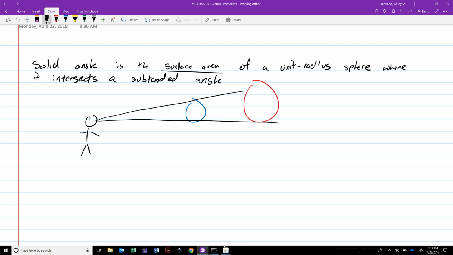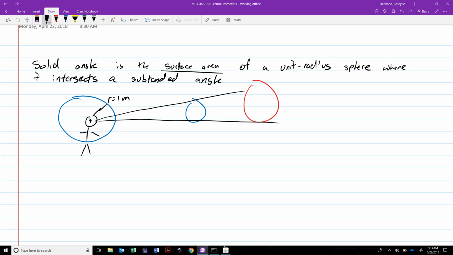And if you were to draw a sphere of radius 1 meter around this point here, then the surface area on that sphere where it intersects this cone would be what's known as the solid angle.